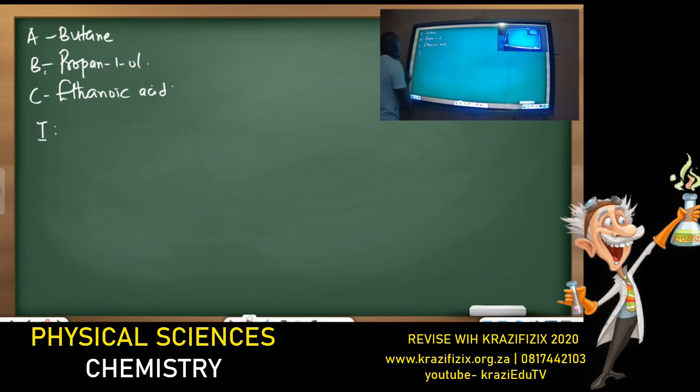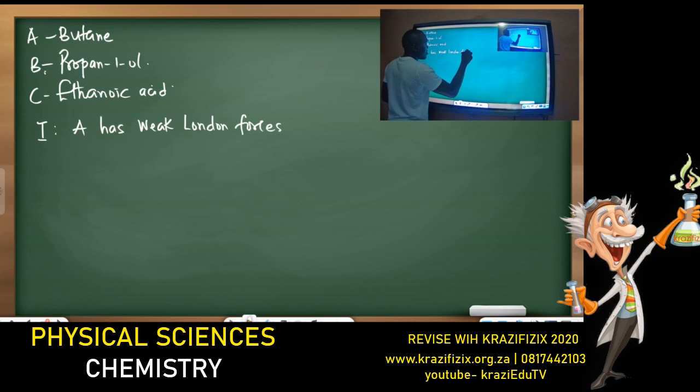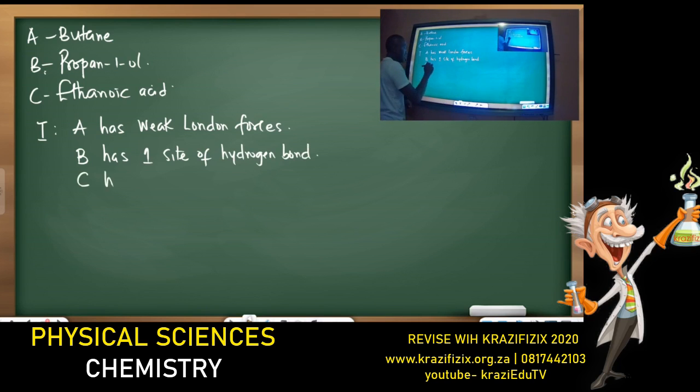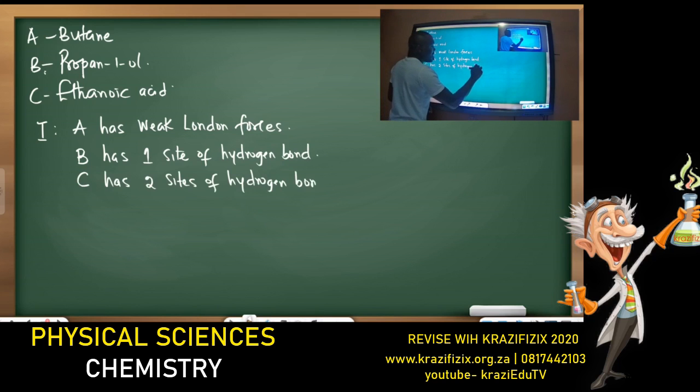Okay, guys, how do you answer? I identify. A has weak London forces. B has one site of hydrogen bond. Don't write too many stories. C has two sites of hydrogen bond. Now, what have you done? You have identified.